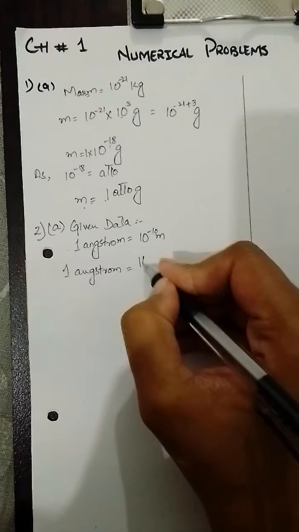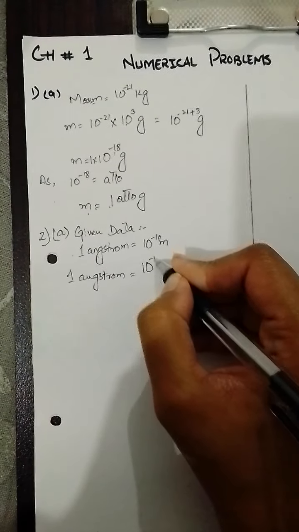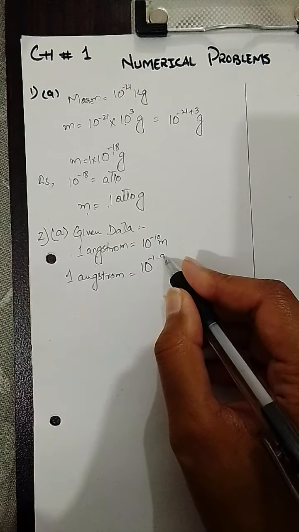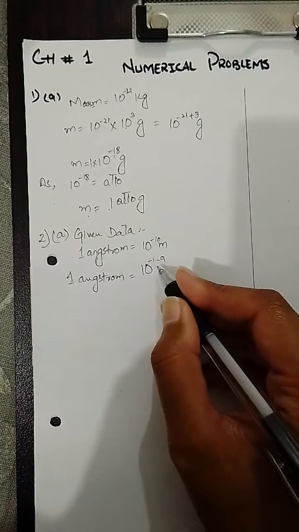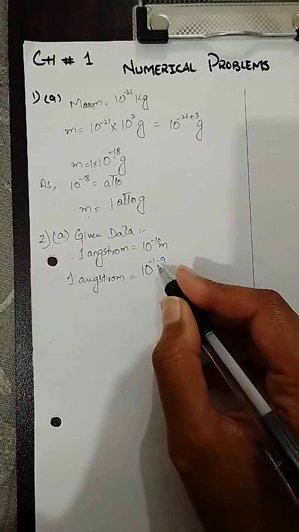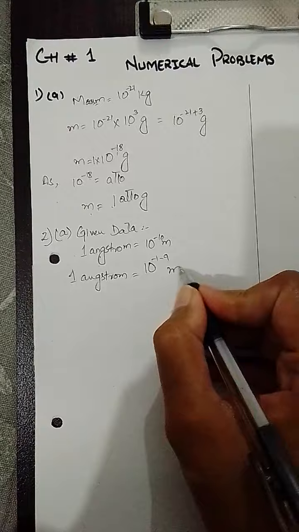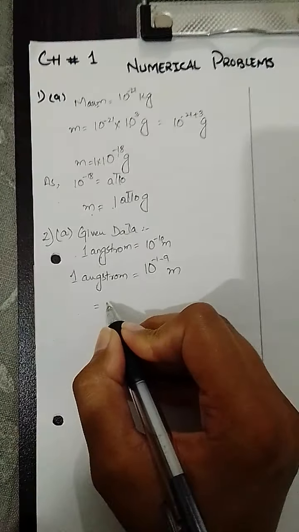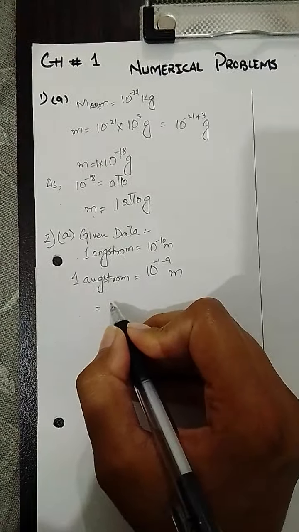Can we write it as 10 raised to the power minus 1 minus 9? Of course we can write it like that, so that we have minus 9 at one place and minus 1 at the other, and meter along with it, of course, right? So we just write it as 10 raised to the power minus 1 multiplied by 10 raised to the power minus 9.